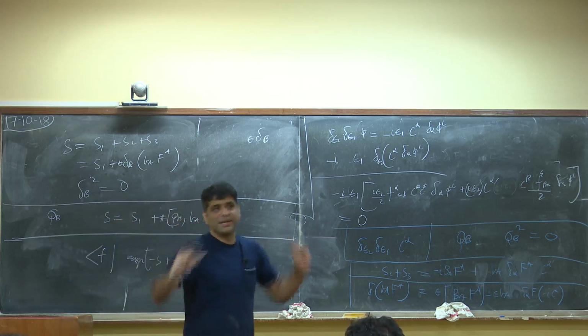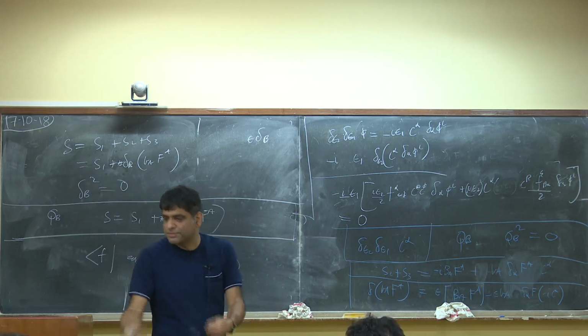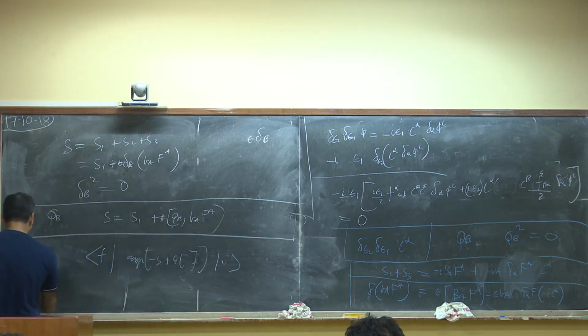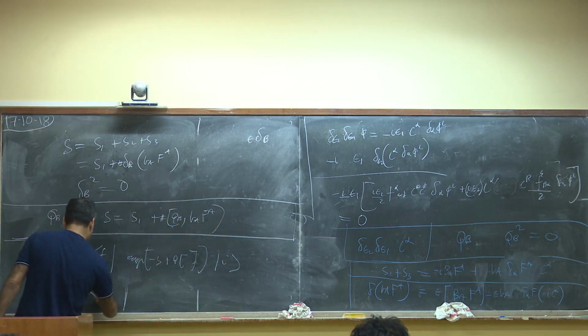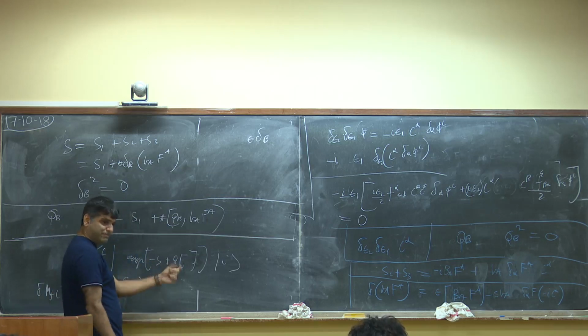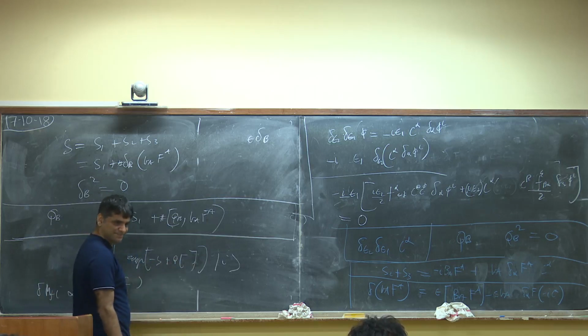What is the change in this number because of a small change in gauge? That change in the matrix element is proportional to F times e to the power minus the action, times what you get by changing this object.